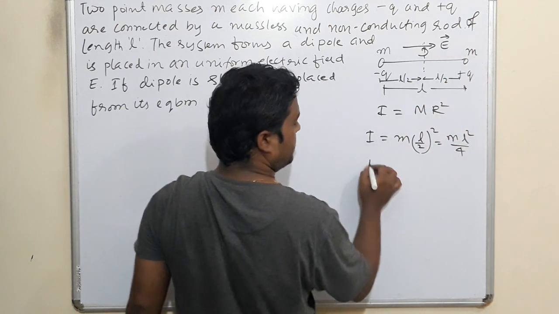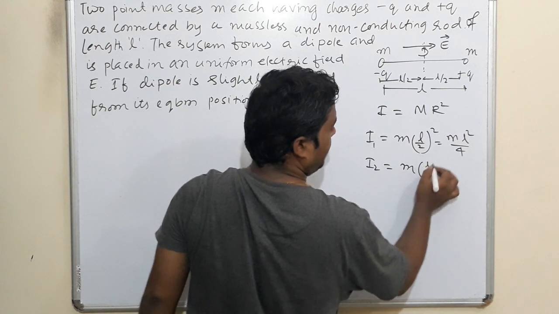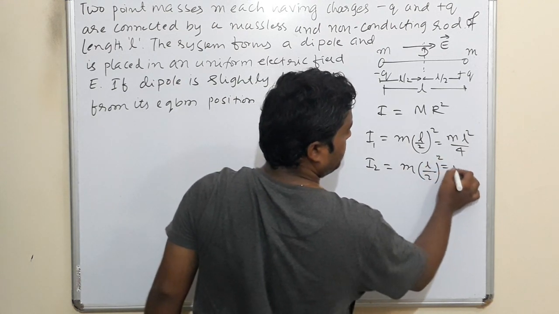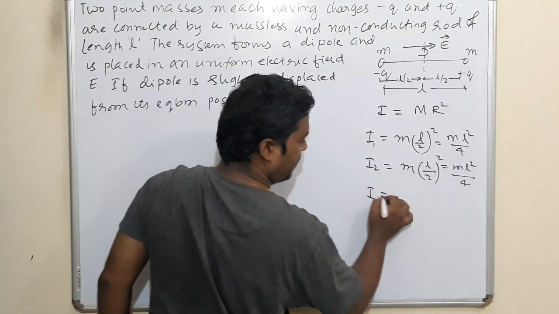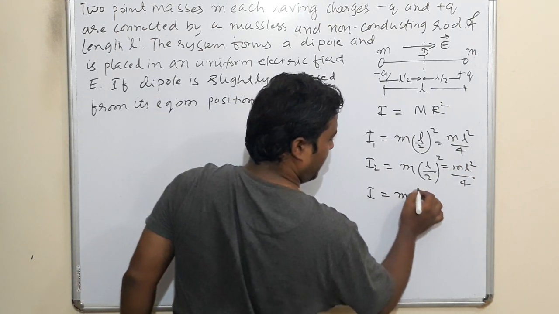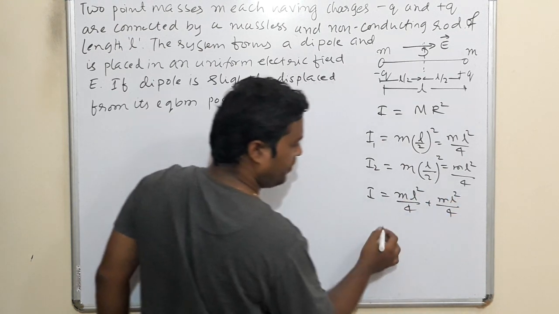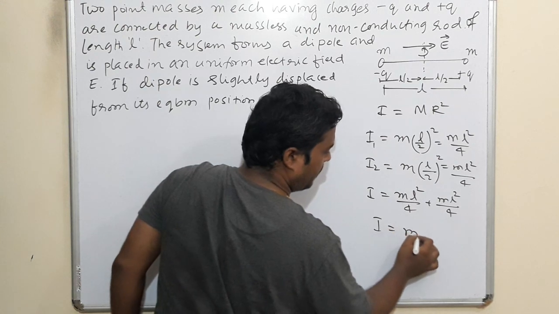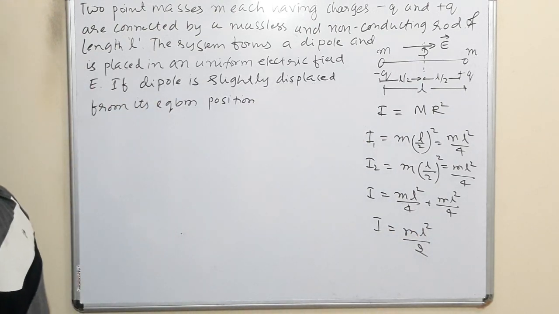What is the moment of inertia of this particle? This is I1, this is I2, which will be the same, L by 2 whole square, which is also equal to ml square by 4. Then the moment of inertia of this system will be ml square by 4 plus ml square by 4. Then moment of inertia will be ml square by 2. This is the moment of inertia.